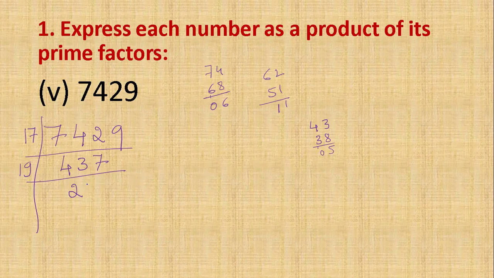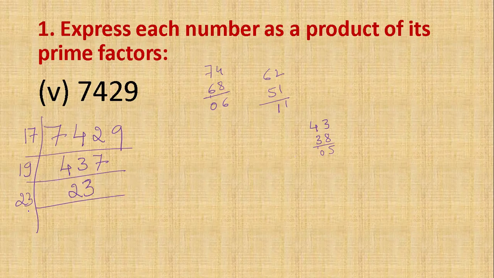It becomes 57. 19 threes are 57. 57 is divisible by 19.